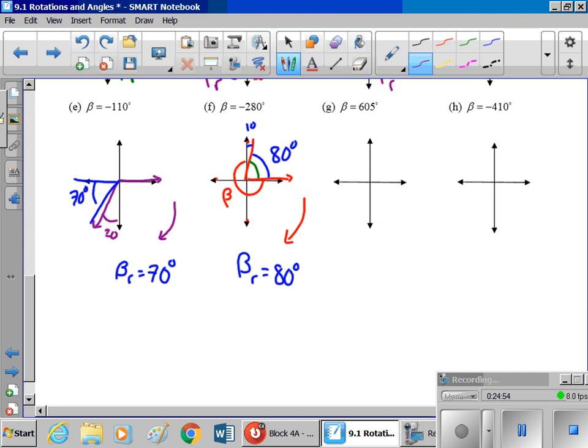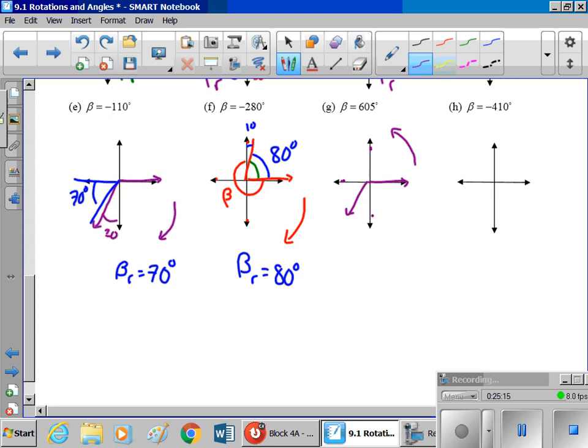The angle's larger than 360, so we're going to go to here, see if I can count by 90s this time. So positive, so we're going in this direction. We have 90, 180, 270, 360, 450, 540, and then we're going to go 65 degrees past 540, like that. Oh boy.